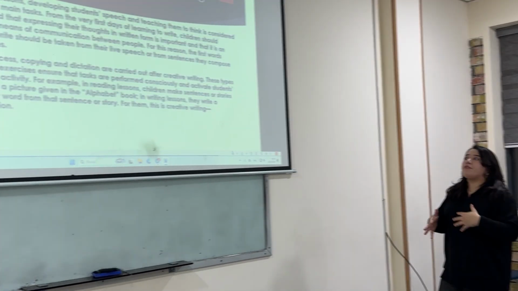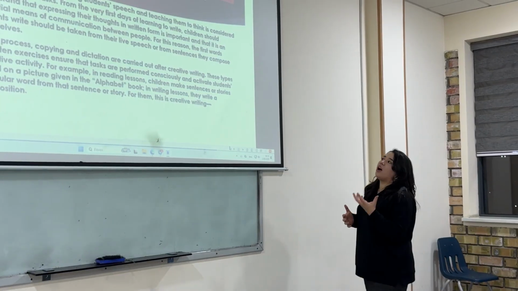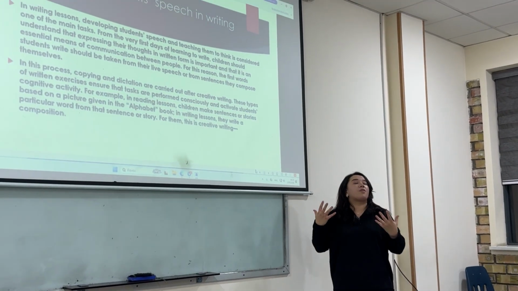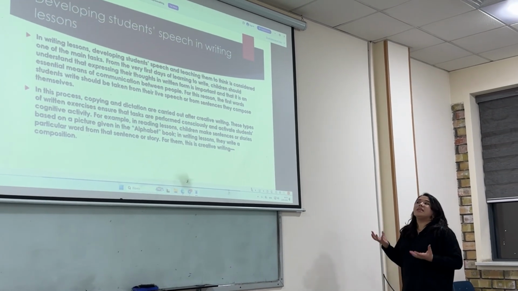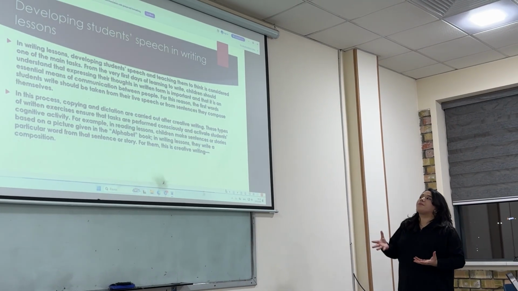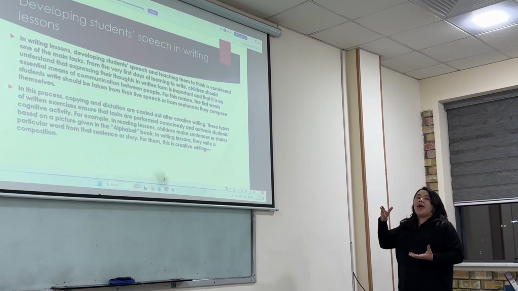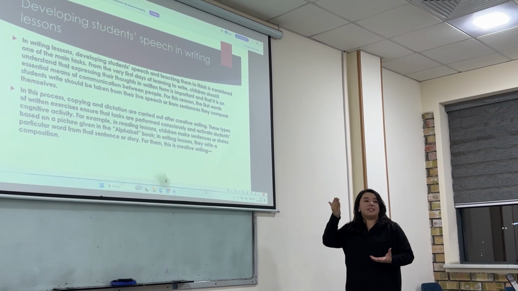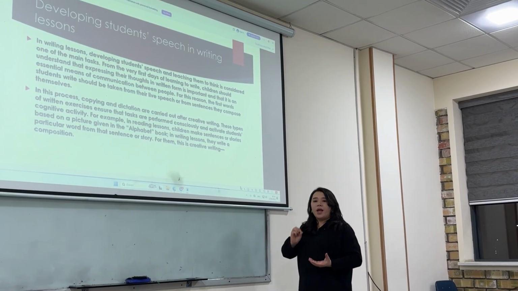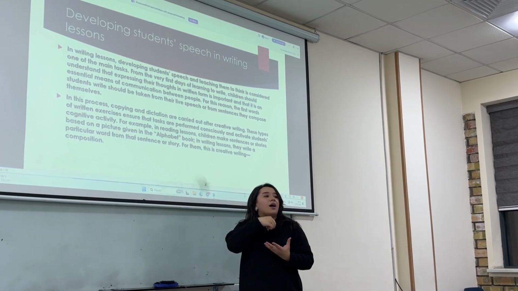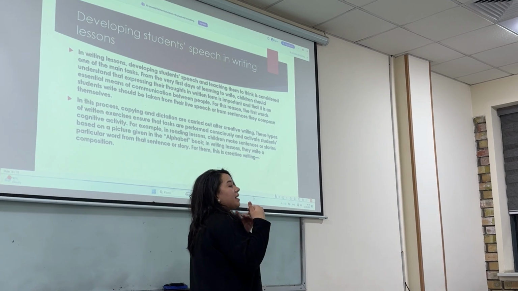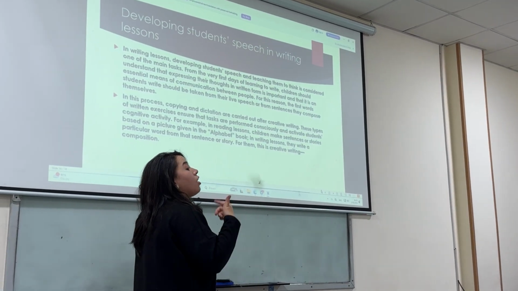In the process, copying and dictation are carried out after creative writing. These types of written exercises ensure that tasks are performed consciously and activate students' cognitive activity. It means when the students learn to write, their cognitive abilities will also develop.